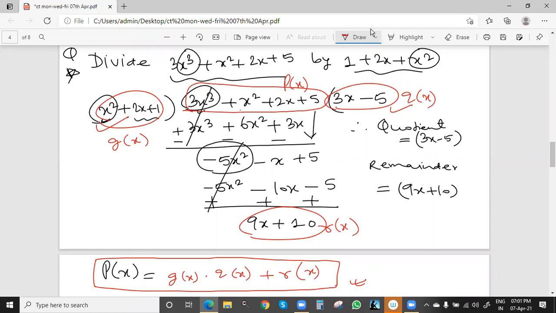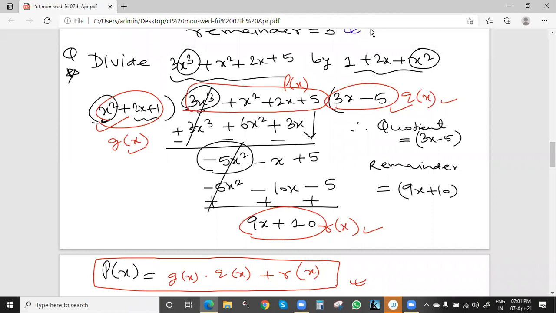So p(x) equals g(x) into q(x) plus r(x), which is x square plus 2x plus 1 into 3x minus 5 plus 9x plus 10.